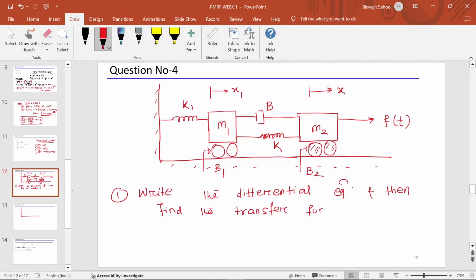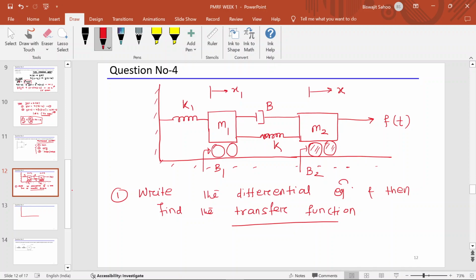How to solve the transfer function? Using the differential equation, you have to convert it into the Laplace transformation, because your week 2 is mainly based on the Laplace transformation. And what is a transfer function? Transfer function is nothing but output divided by input.